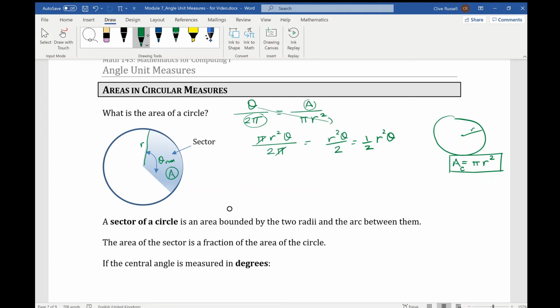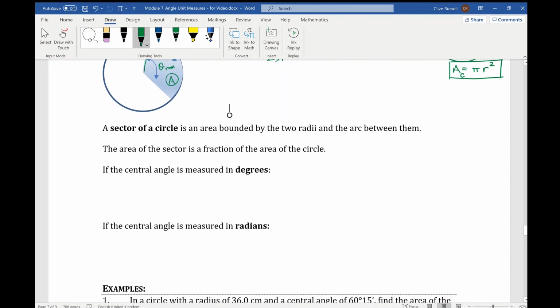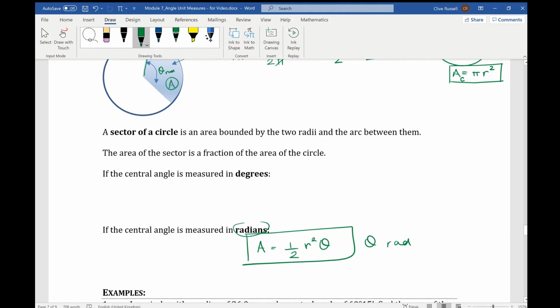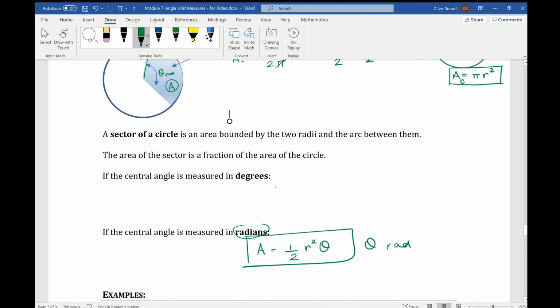This is now A. A equals that. So we know that the area of a sector is half r squared theta, where theta is in radians, as is said here. Now, in terms of degrees, you could do this on your own.